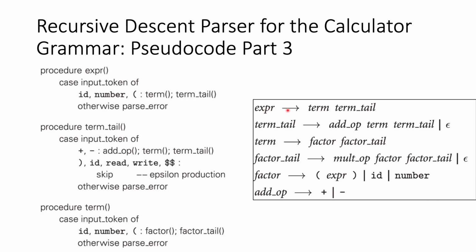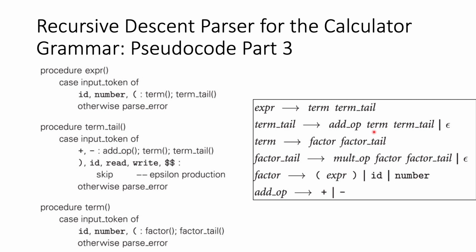And when we expand the right-hand side of this production in the leftmost derivation manner, we have term expands to factor and then factor tail, and factor expands to one of these three strings, starting with the open parenthesis or ID or number.